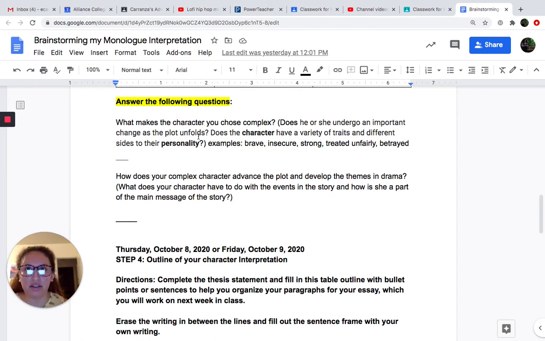Like, did they start as innocent and then turn corrupt, or did they start as bad and then turn good, or vice versa? Does the character have a variety of traits and different sides of their personality? So does the character have more than one adjective to describe their person, like brave, insecure, strong, betrayed?